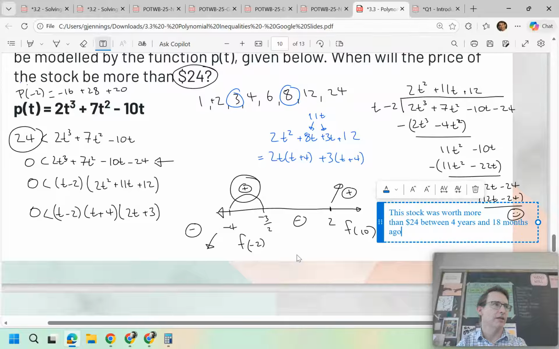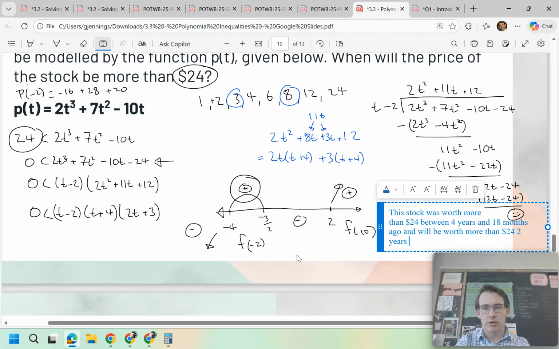So that was negative 3/2 years. Negative is 18 months ago. And will be worth more than $24 2 years from now until infinity years.